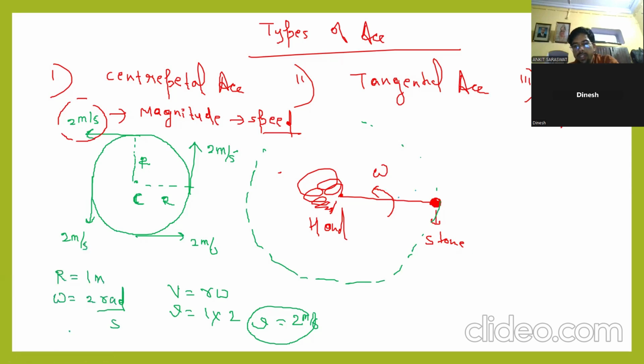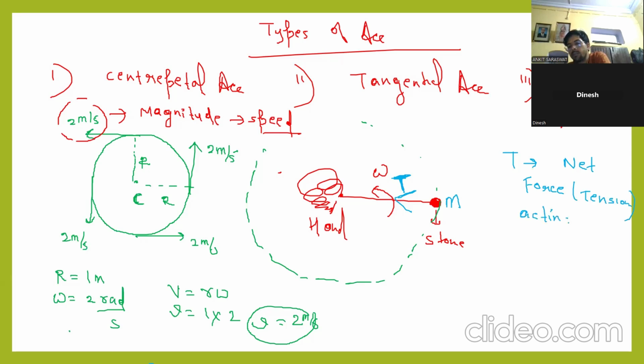Very good. There is one force that is acting towards the center. This is responsible. This is the net force. This particle is having the mass m. Net force towards the center. Here the force is tension.